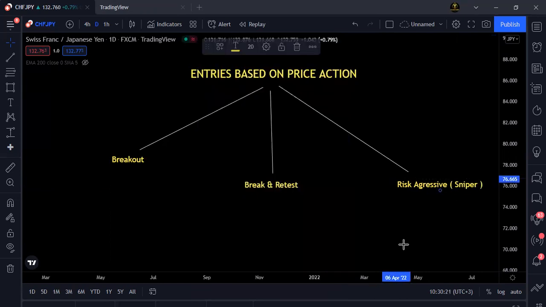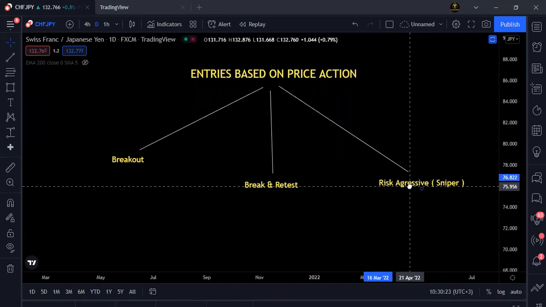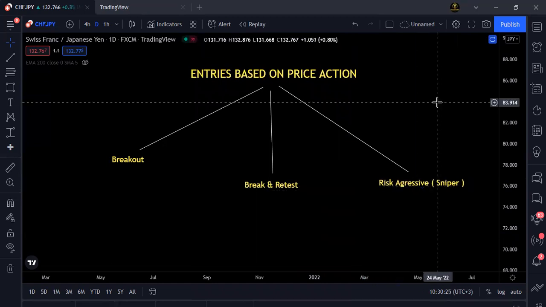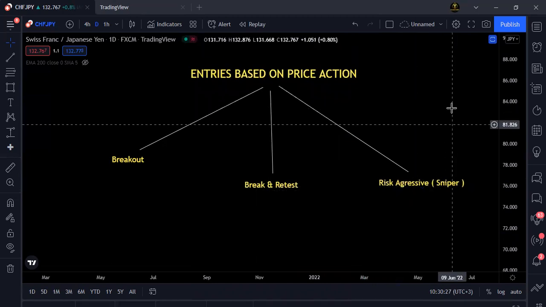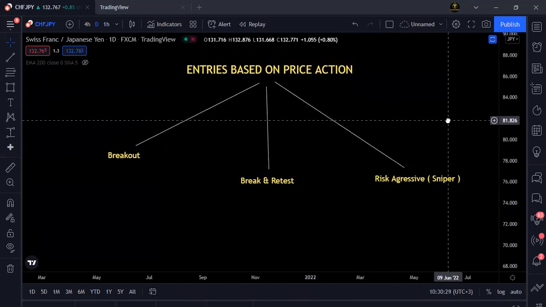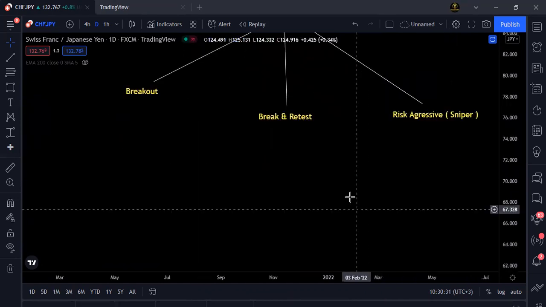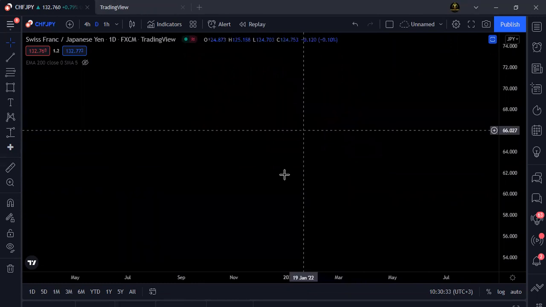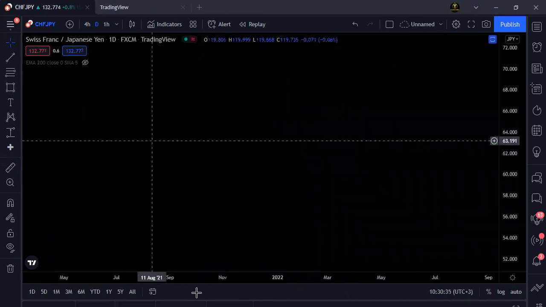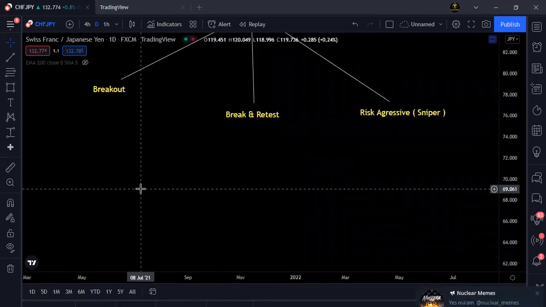I'm just playing. So in price action, these are the main types of entry strategies on which people take entries. I'm going to be talking about them separately. So now we're going to start with the first one, which is the breakout strategy.